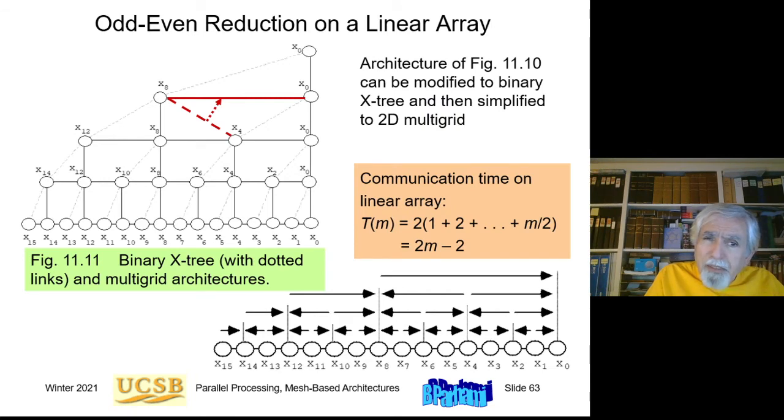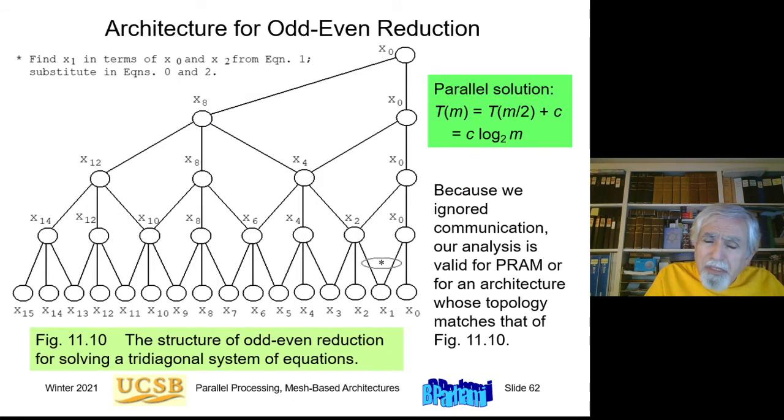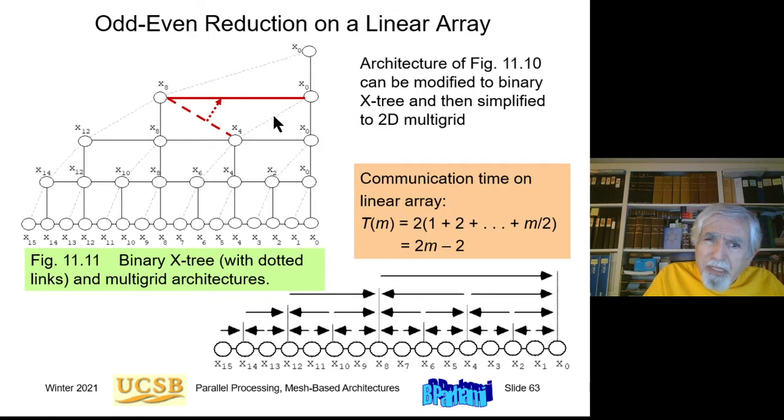Okay, so I've redrawn this diagram here with some of the links shown in dashed format to show you that basically an X tree is a tree structure in which nodes on every level are connected to each other as a linear array.